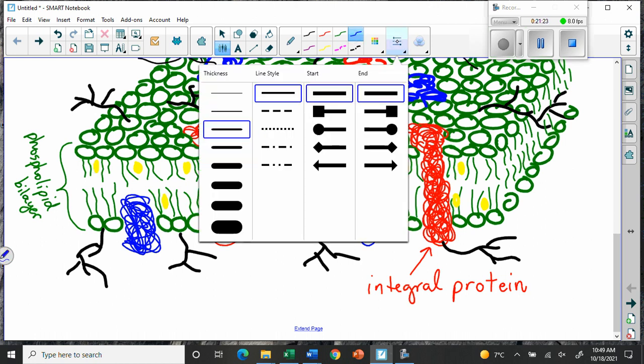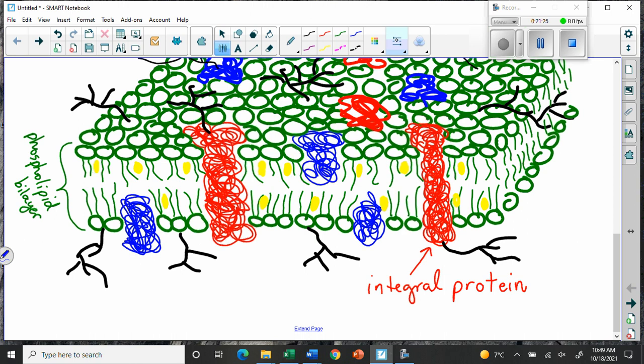The blue ones are also proteins, but they only stick on one side. So they're called peripheral, right? Peripheral means on the outside, like your peripheral vision is sort of on the outside of your field of vision. Peripheral proteins. Because they don't go all the way through, they're not very good gates or doorways, but they can be all kinds of important identifiers.